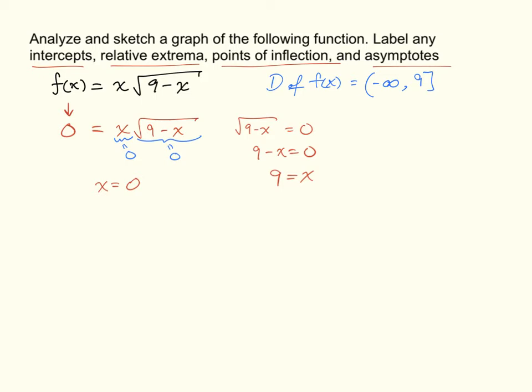However, if you try to substitute anything bigger than 9 in here, inside the square root, that will give you something imaginary, and there's no room to graph anything imaginary on our coordinate plane. So we have an x-intercept of x equals 0, and another x-intercept of x equals 9. That checks out. So these are the x-intercepts.